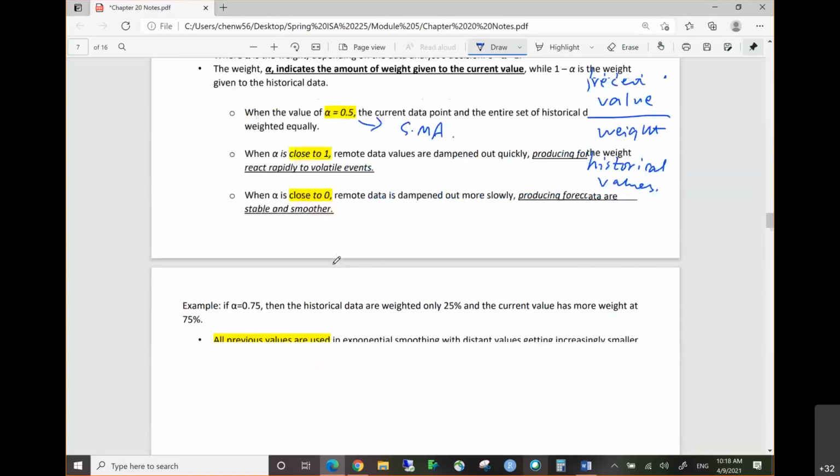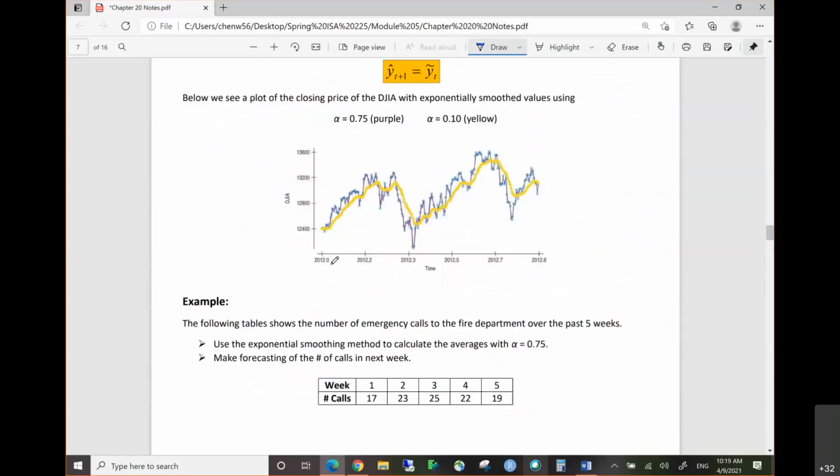So in this case, again, if you are given these two smoothed curves, which one is which? Which one is 0.75? Which one is 0.1? For the first one, alpha equals 0.75. That means the recent value is more important, so your prediction will be closer to your observed value. Which one is closer to your observed value?